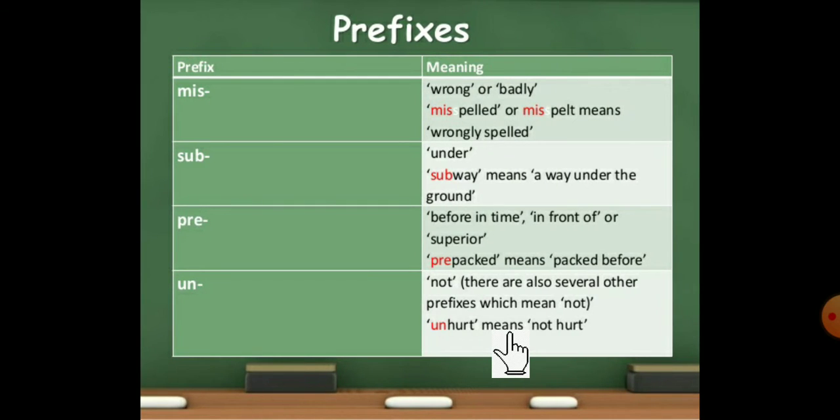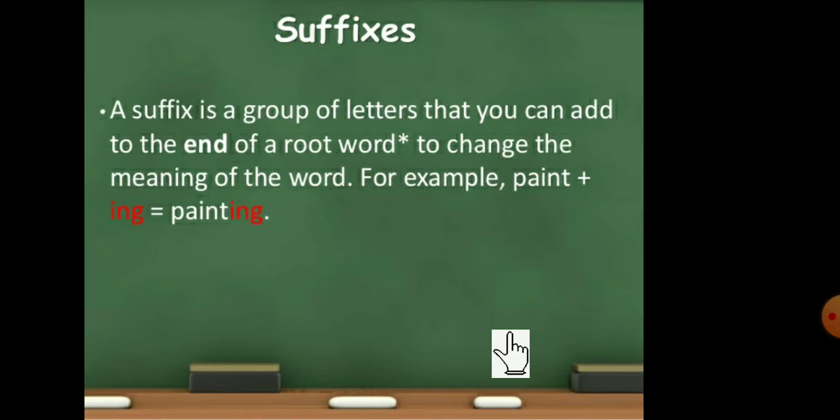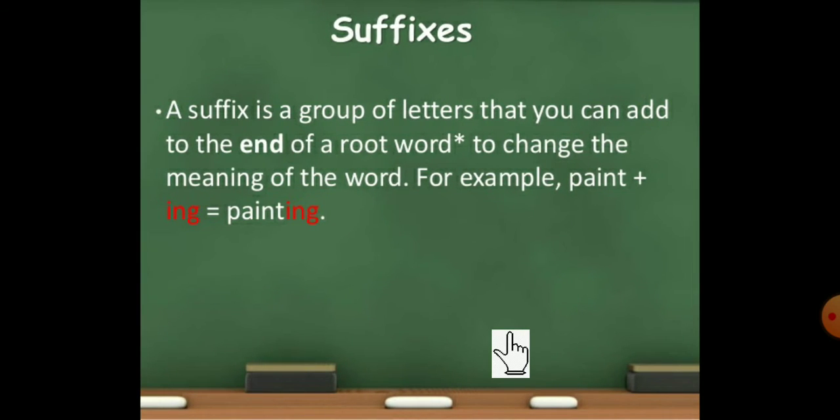Got it? Now, what are suffixes? With prefixes we add something at the beginning of the root word. Now suffixes are totally opposite of prefixes. You add suffixes at the end of the root word to change its meaning. So what is a suffix?